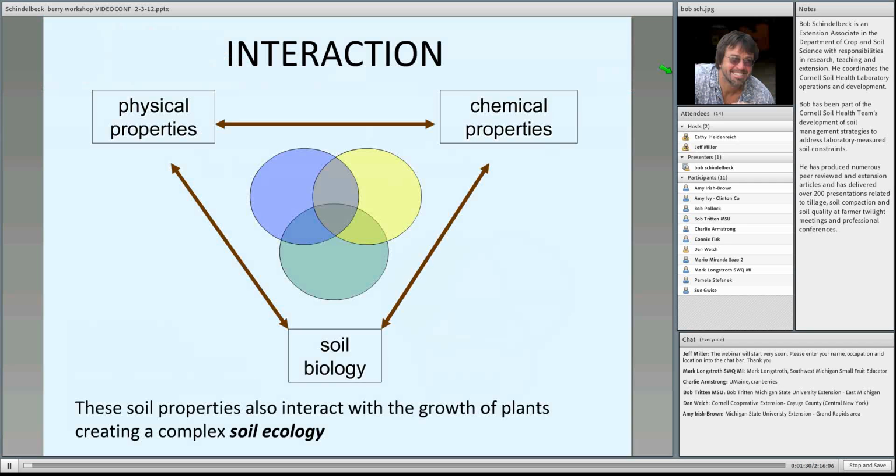When we talk about any sort of soil management, we find it very useful to break the soil into these great groups: the physical, biological, and chemical properties.